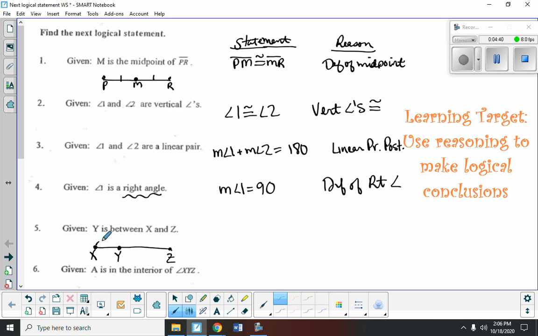So when you're given something like this, you could make the statement that the length of XY plus the length of YZ would equal the whole thing, which is the length of XZ. And that is the segment addition postulate.